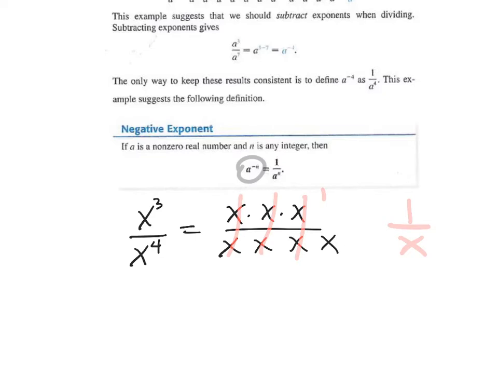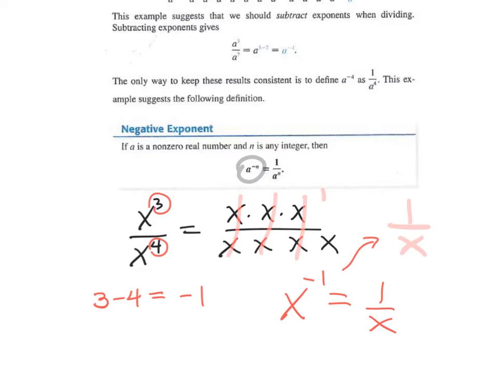Now also what we could have done is apply our quotient property where we could take these exponents and subtract them. Because if you recall, when you divide, you subtract: 3 minus 4, and I get negative 1. So when it's x to the negative first power, notice what we just simplified this to is 1 over x.